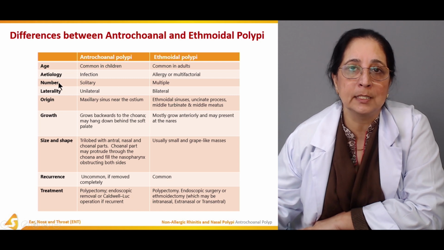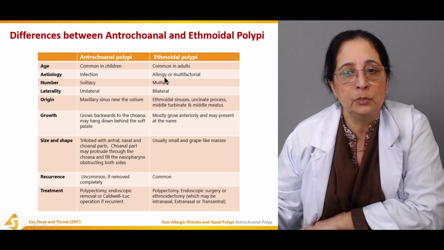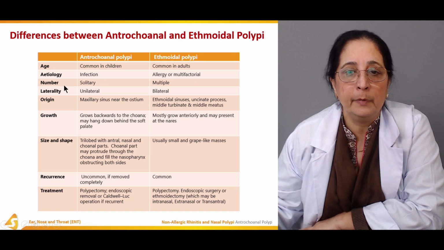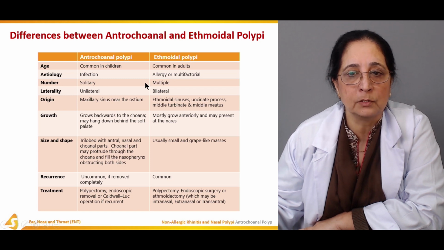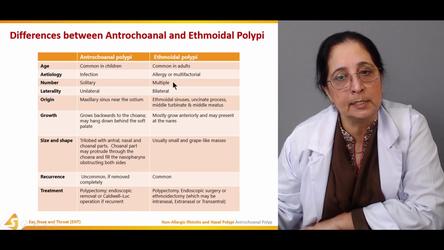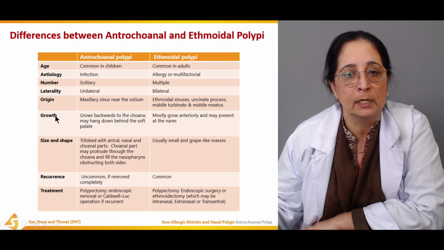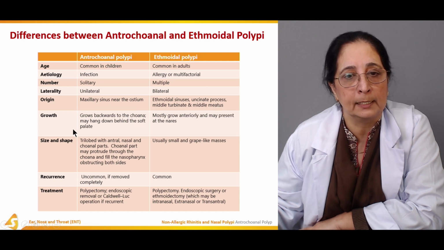Etiology, the causative factor: antrochoanal is due to infection and ethmoidal is due to allergy or is multifactorial. Number: antrochoanal is single or solitary, ethmoidal is multiple. Unilateral antrochoanal, bilateral ethmoidal. Origin: maxillary sinus near the ostium for antrochoanal, ethmoid sinus for ethmoidal.